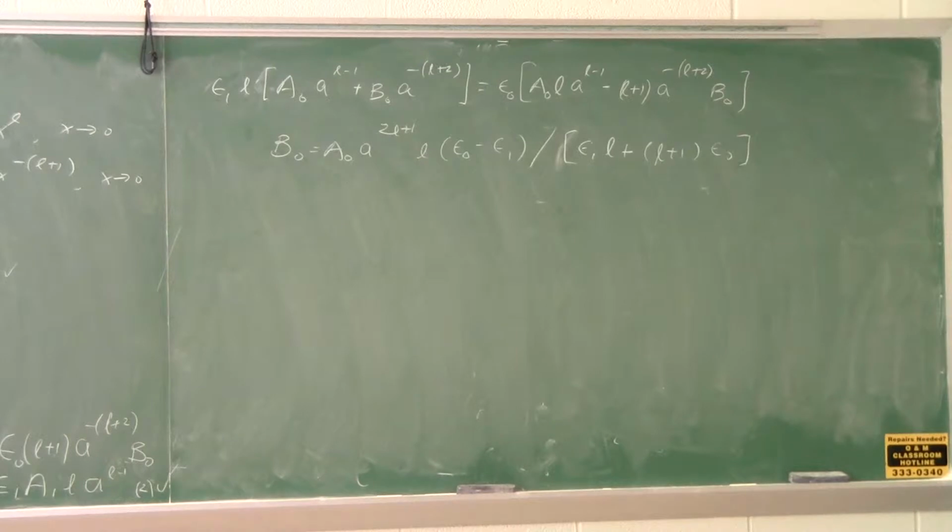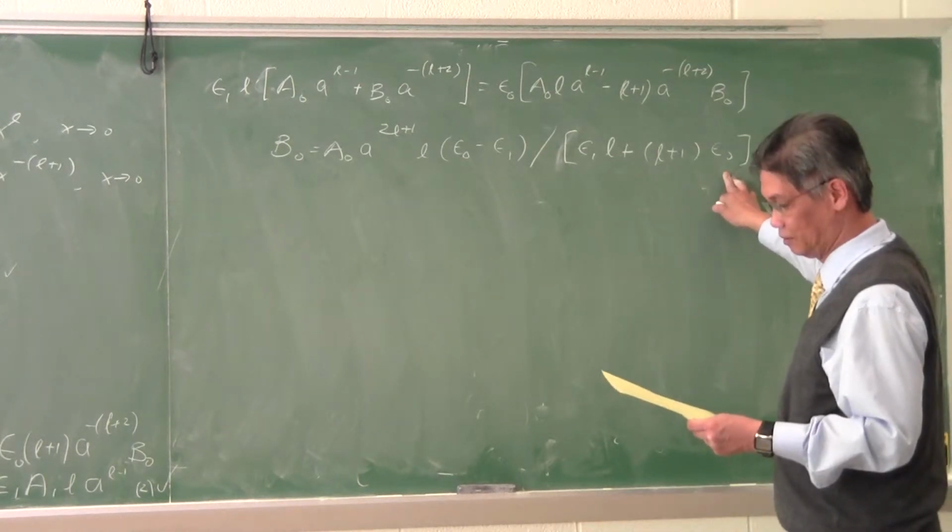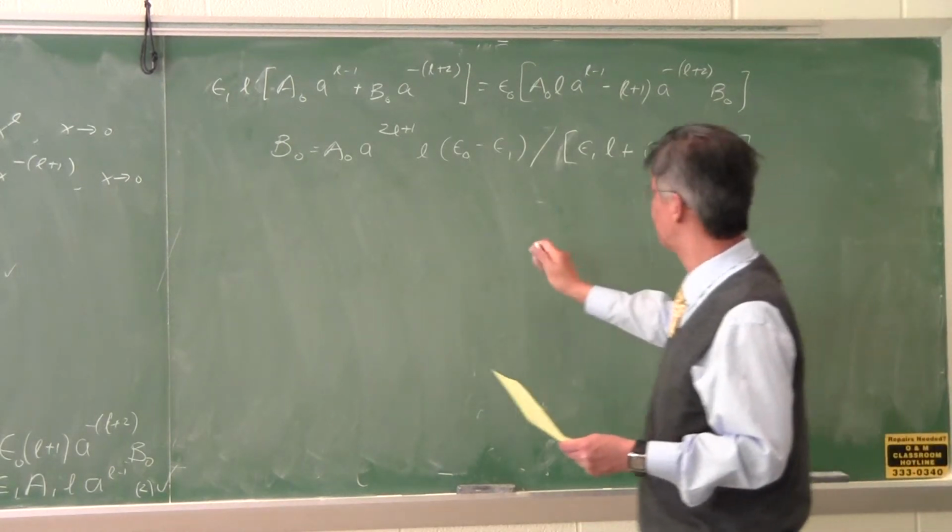So you see how this differs from the dipole one, right? What is l for dipole? 1, right? l for dipole is 1, then this is epsilon 1 plus 2 epsilon naught. And you get a resonance frequency by setting this to 0.